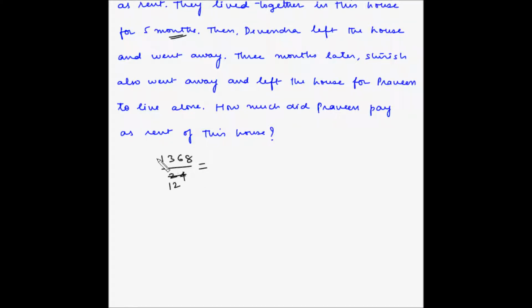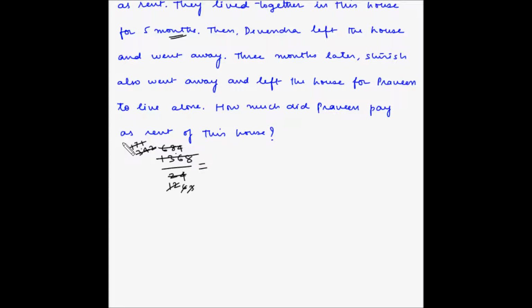So 2 6s are 12, 1 carry over, 2 8s are 16 and 2 4s are 8. Again 2 6s are 12, 2 3s are 6, 2 1s are 2, 2 7s are 14 and 1. 7 plus 1 is 8 plus 1 is 9, so 9 is divisible by 3, so this number is also divisible by 3.